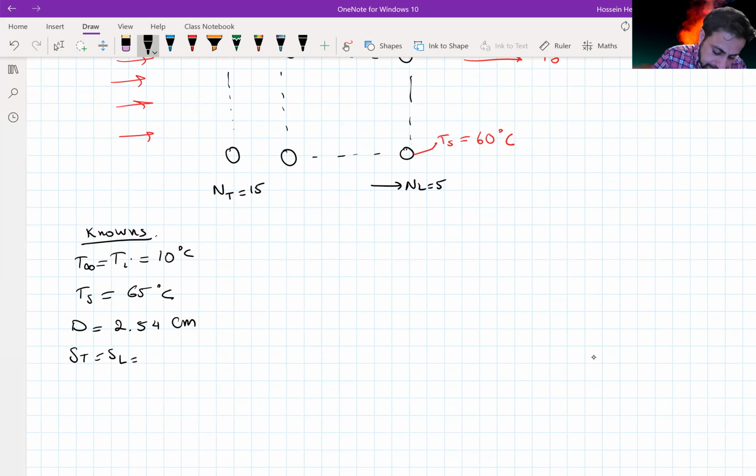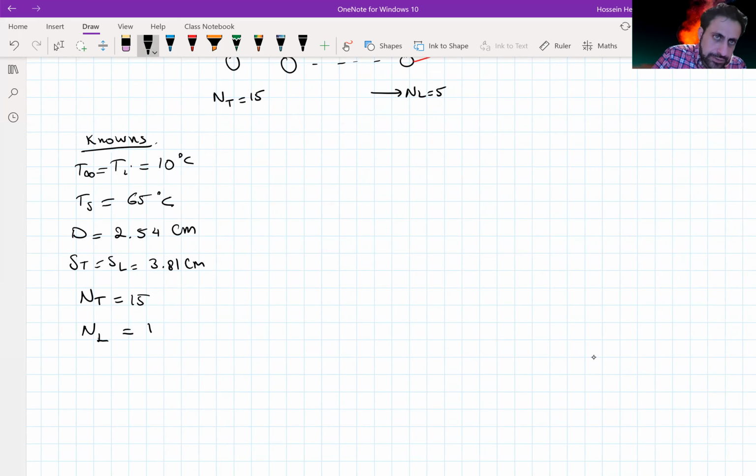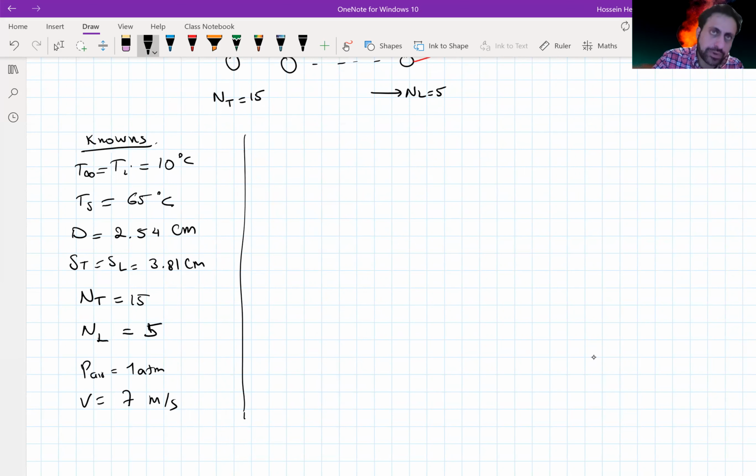ST is SL, 3.81 centimeter. Number of tubes normal to the flow are 15. Number of tubes parallel to the flow are 5. And air pressure is 1 atmosphere and velocity is 7 meter per second. So these are the list of known parameters.